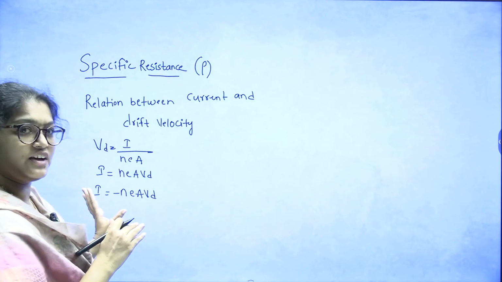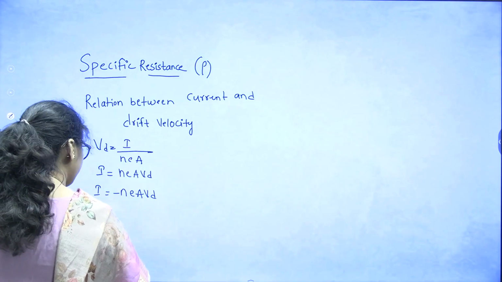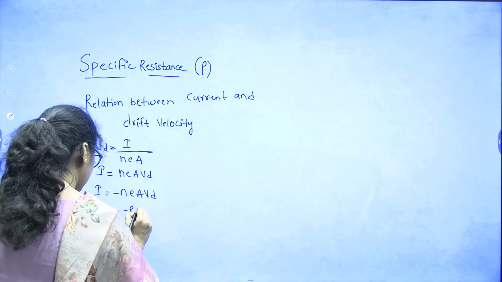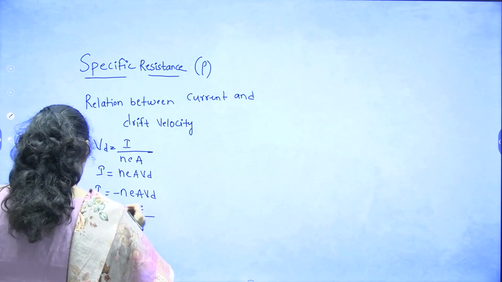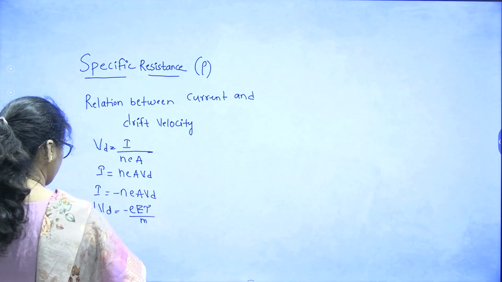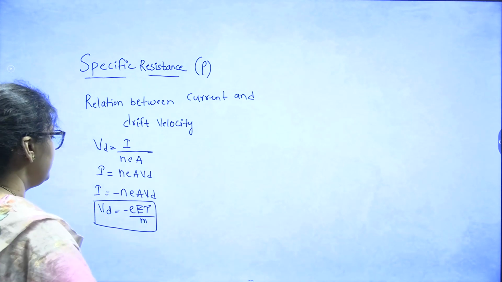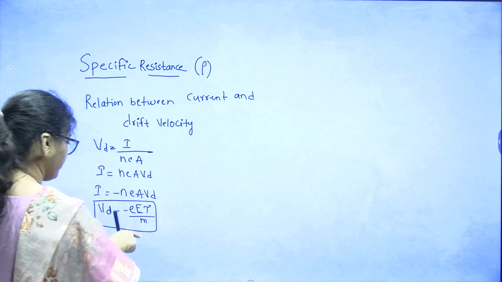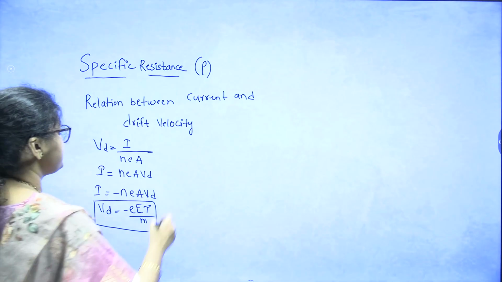Up to here we have already studied. Now Vd is equal to minus E, capital E, tau by m. This we have also discussed already. We'll substitute this drift velocity value in the current.